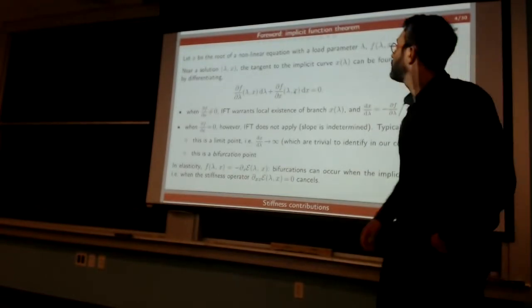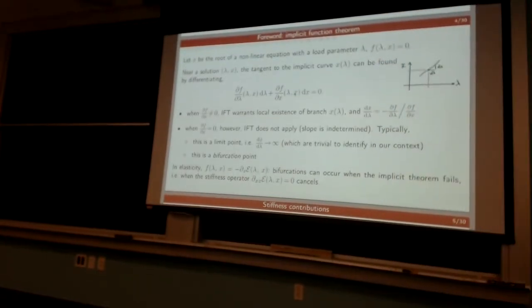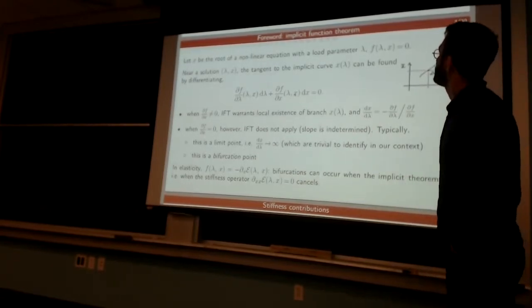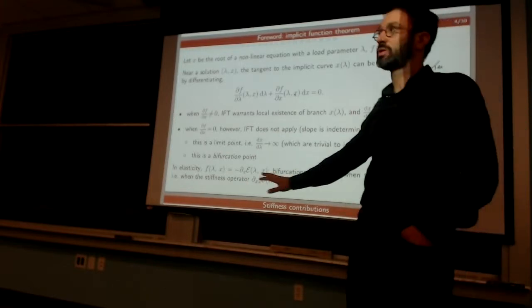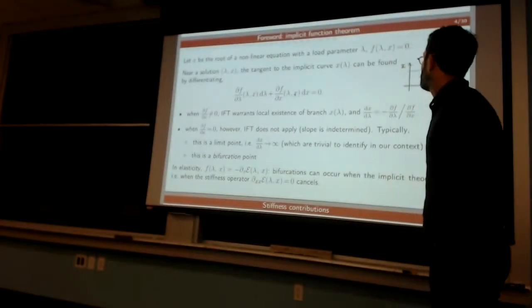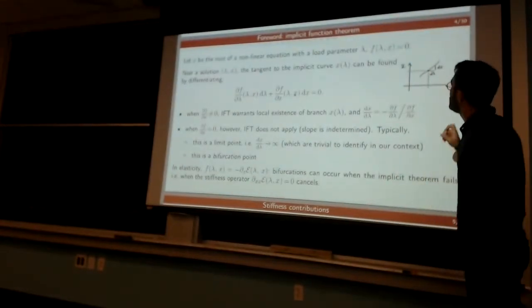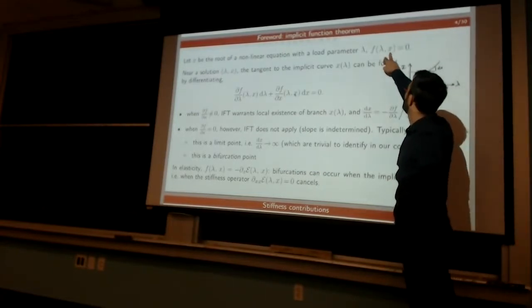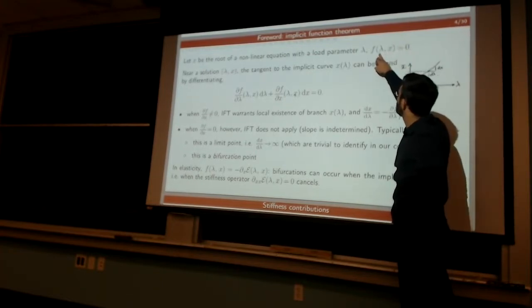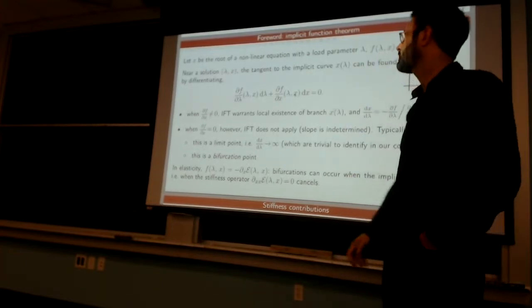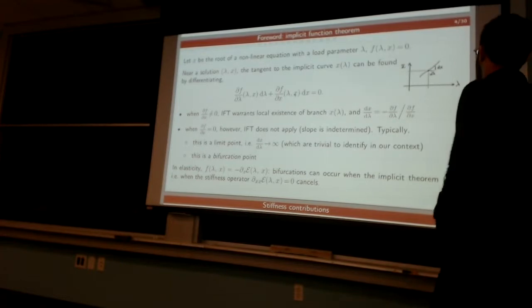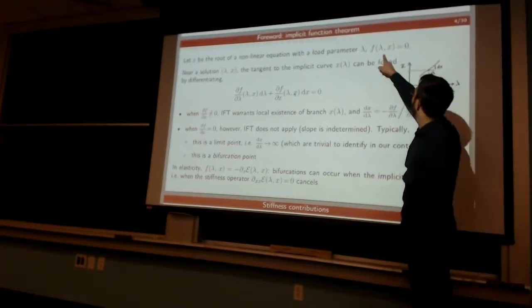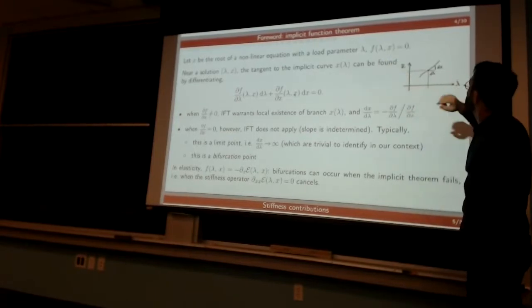Okay, so just a few words on the implicit function theorem, because that's a simple setting where all the questions we're asking today can be asked. So the implicit function theorem is really when we have an implicit function for some unknown x, which would be our configuration, as a function of a parameter lambda, which would be the load, and assume that we know a particular point (lambda, x) where the equation is satisfied.